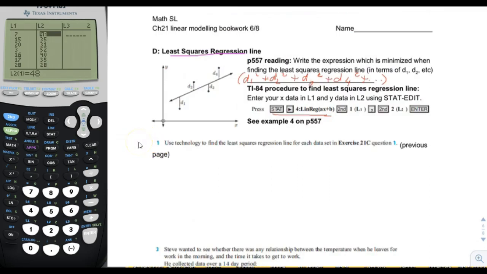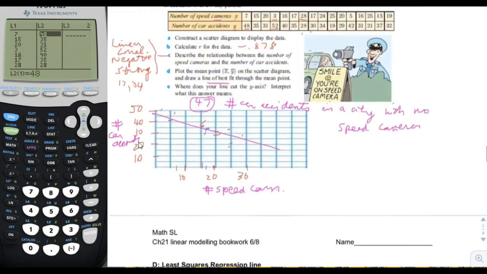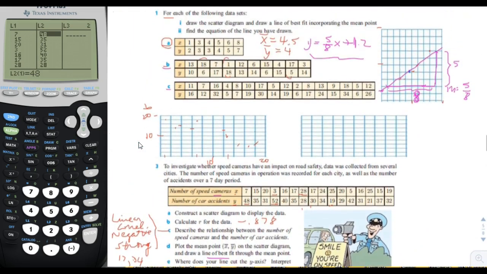So the first problem on this page tells us to use the data sets in the last page, in question 1, to find some Lin Reg equations, regression line equations. And so we'll do B. Okay, so let's see.